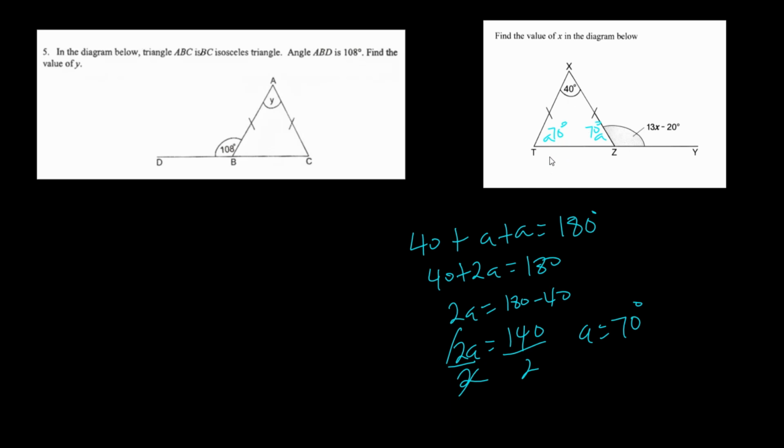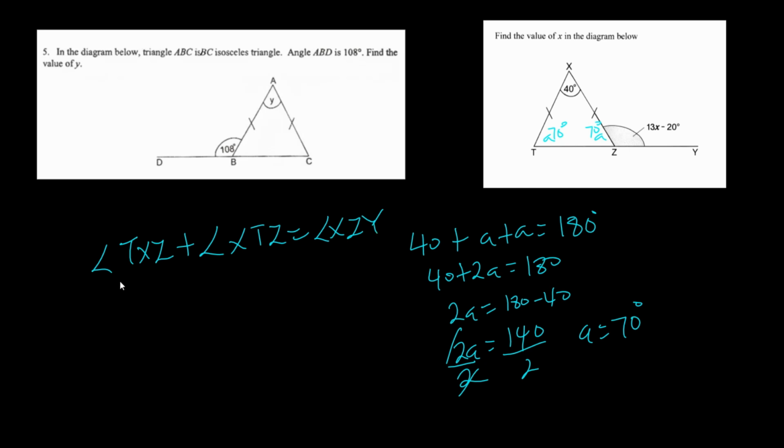Now the sum of two interior opposite angles is equal to the exterior angle, which means that angle TXZ plus angle STZ is equal to angle SZY.